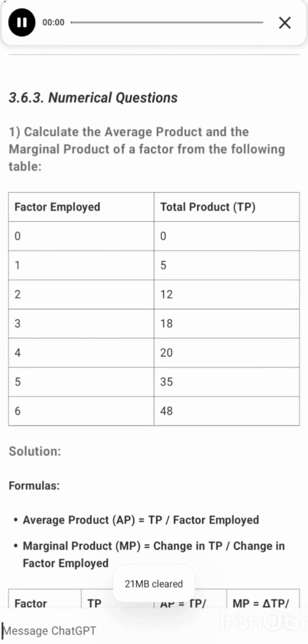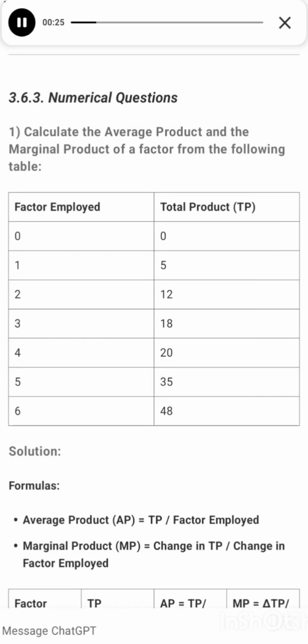Here are the numerical questions along with their answers. 3.6 Numerical questions. 1. Calculate the average product and the marginal product of a factor from the following table. Factor employed, total product TP: 0, 0; 1, 5; 2, 12; 3, 18; 4, 20; 5, 35; 6, 48.